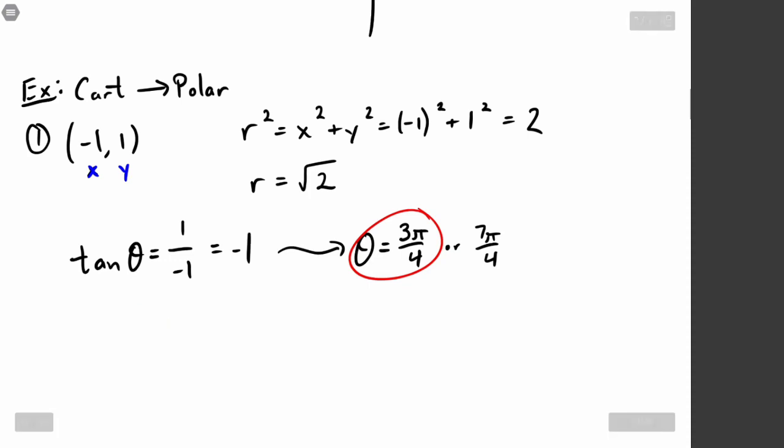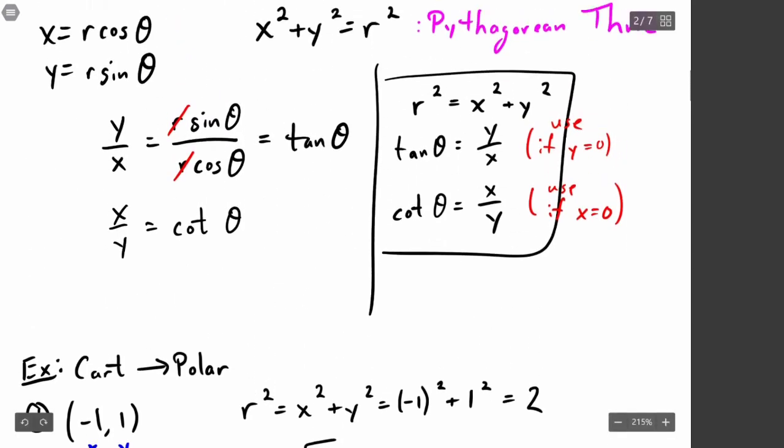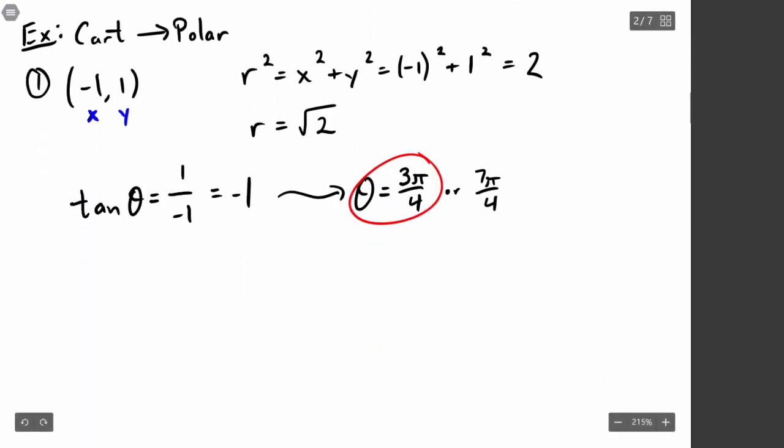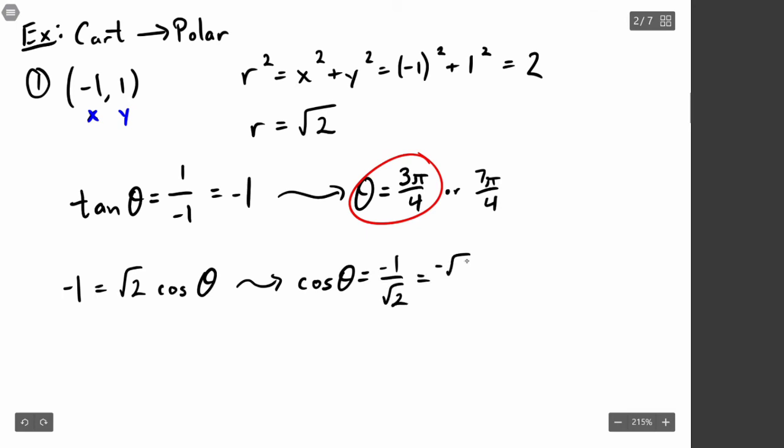So what do we do if we're stuck there? Well, remember I said in the earlier video that these are also helpful for going from Cartesian to polar? Let's do that. We know that -1 is r, so square root of 2, cosine of theta. This means cosine of theta is -1 over root 2, or, if you prefer, -√2 over 2.